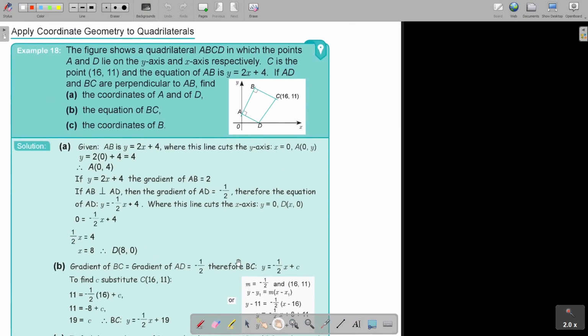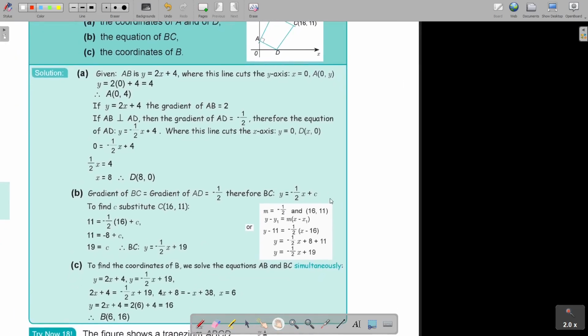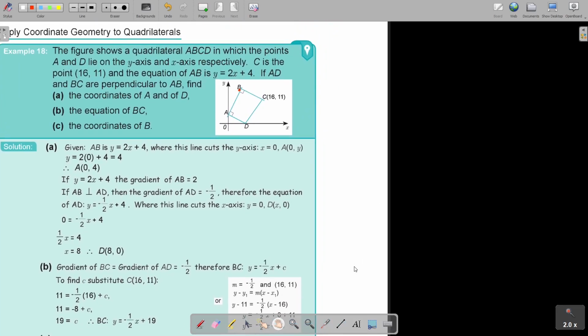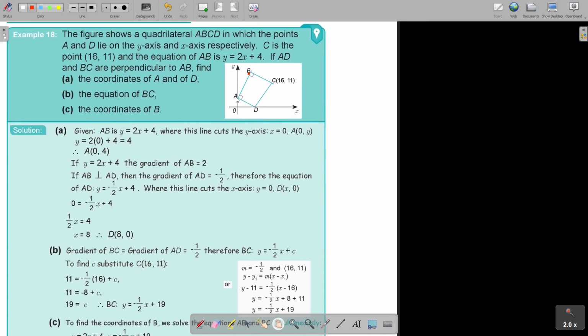If I say the coordinate of B, I just want to show you the principle. We have the equation of AB, and we have the equation of BC.